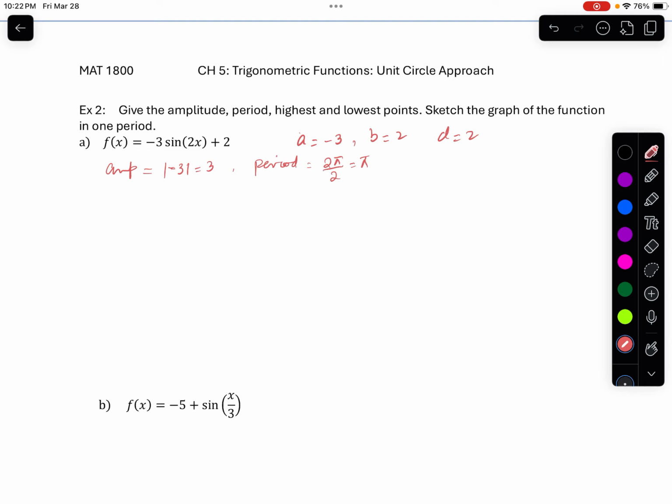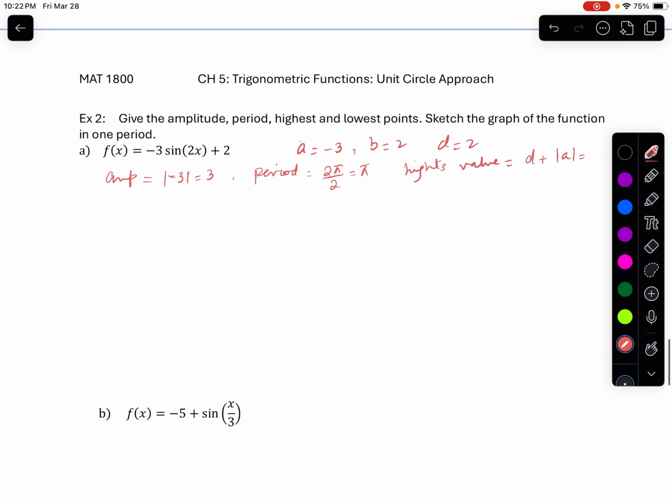And then highest value, let's write first, later on we can figure out the points. The highest value or largest value will be, what the formula says, d plus the absolute value of A, or the amplitude.